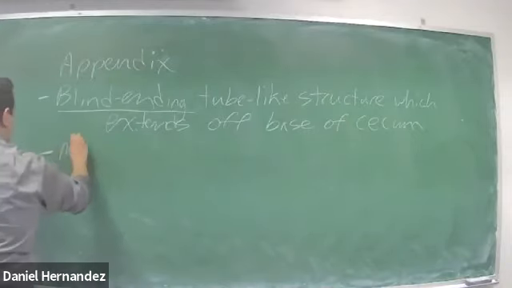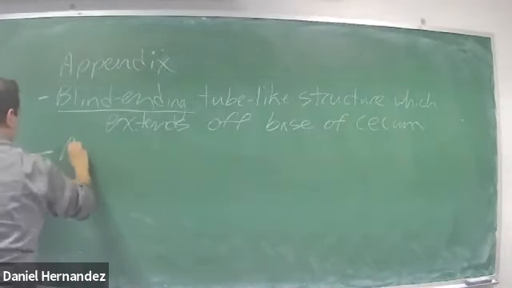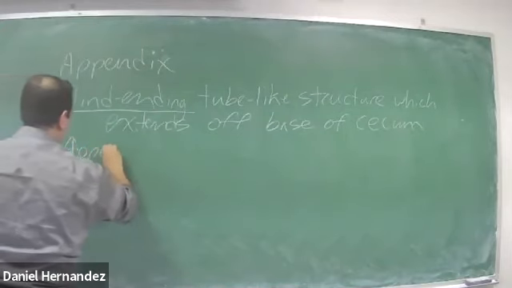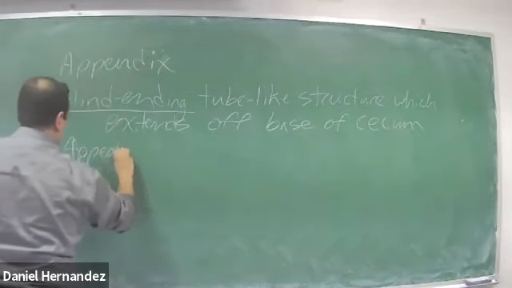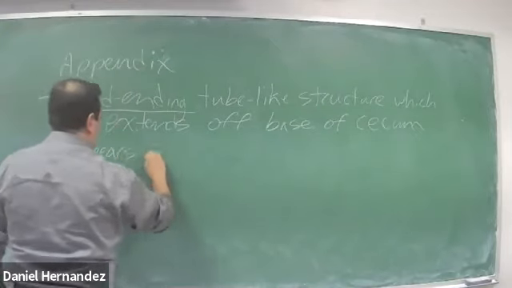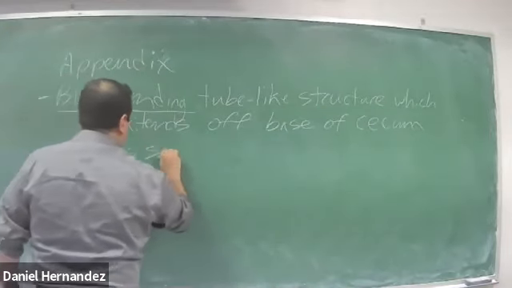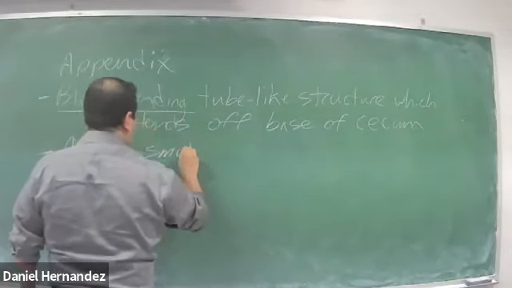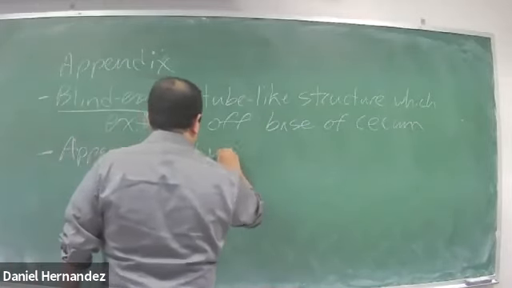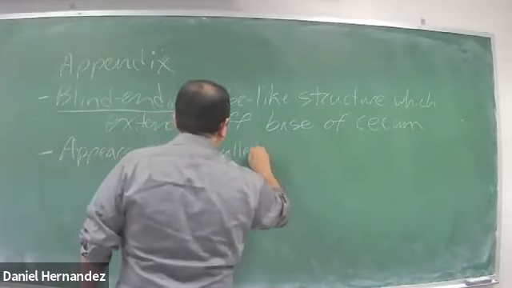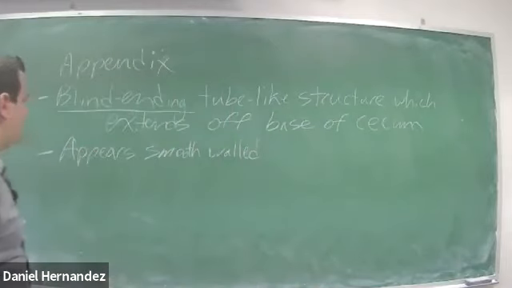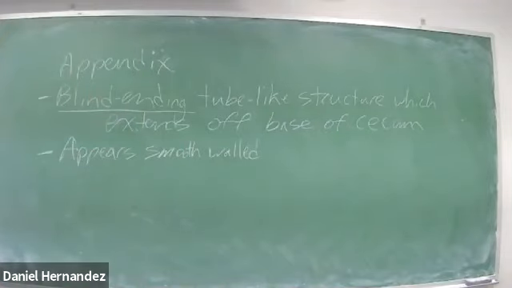So it appears smooth walled. When you're imaging in the right lower quadrant looking for this appendix, you're going to see other loops of bowel down there.